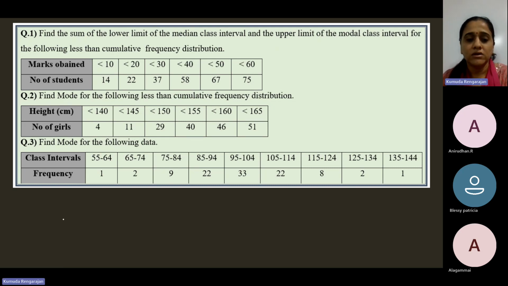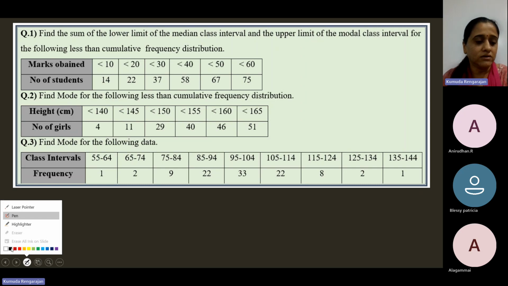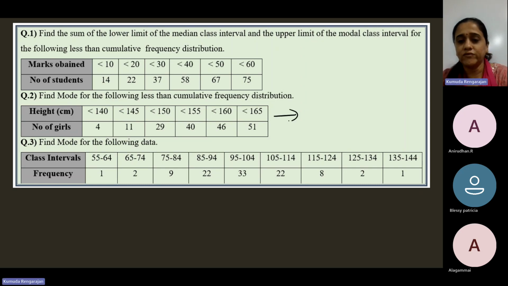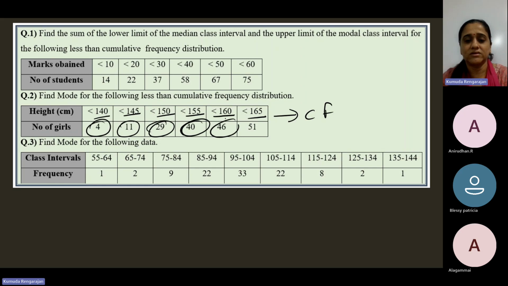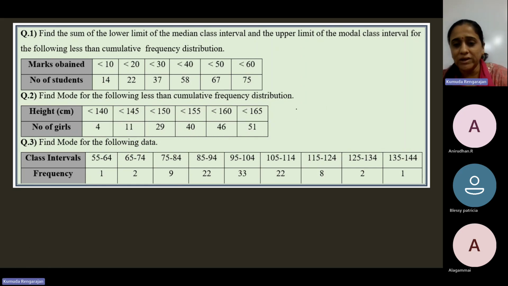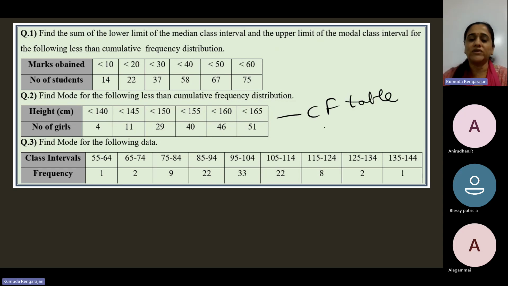Anirudhan, this table is called a cumulative frequency distribution or cumulative frequency table. These are the less than values and these are their corresponding cumulative frequencies. The table itself is called a cumulative frequency table. Why is it called that?